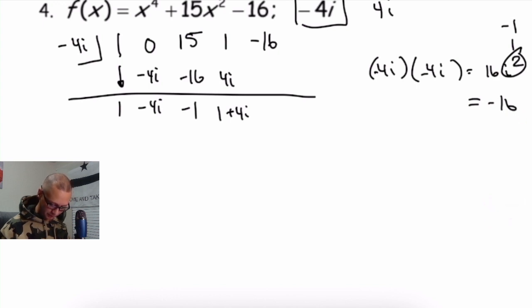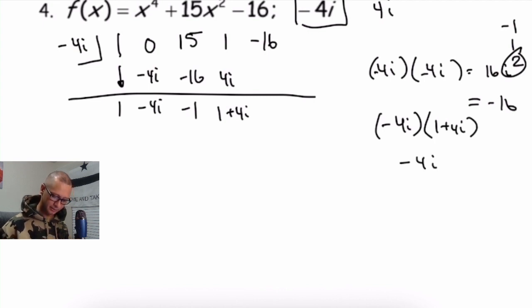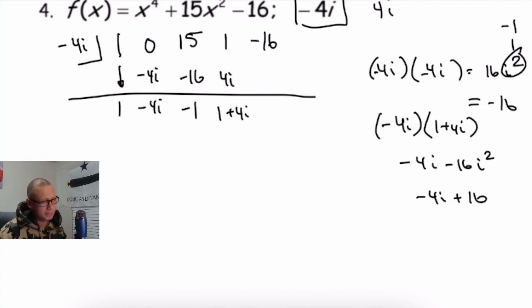This is going to be negative 4i times 1 plus 4i. So negative 4i, negative 16i squared, which is basically negative 4i plus 16. That's a complex number, though. It's supposed to be 0. It's supposed to be 0. What's happening here?